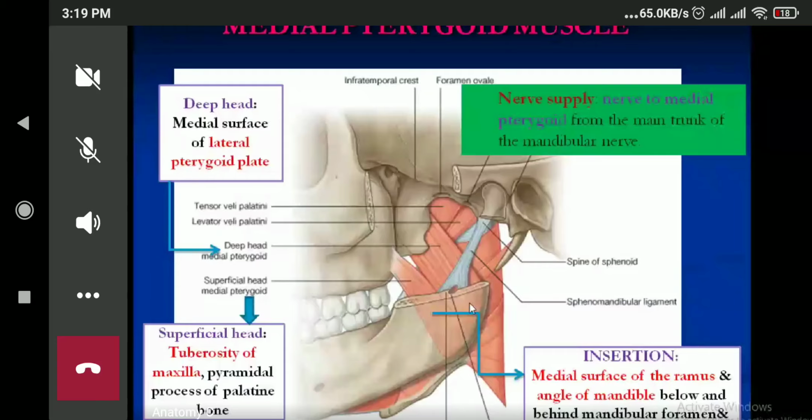What happens in this, tell me? It will cause the retraction or the protraction. What will it do? Origin is present anteriorly, insertion is present posteriorly. Now, when the action occurs from insertion to origin, we have to pull like this. When pulling like this, will the mandible move anteriorly or posteriorly?